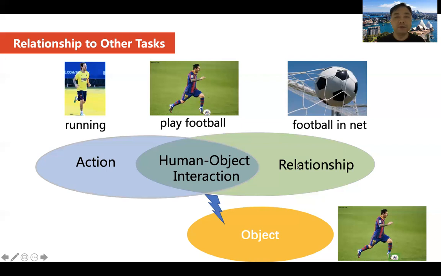Compared to visual relationship, in HOI, person, verb, and object can be decomposed into a pair, verb-object. That is, the subject in HOI is fixed to person. HOI has more application scenarios, such as surveillance, compared to object relationship, because we care more about human-centric relationships.